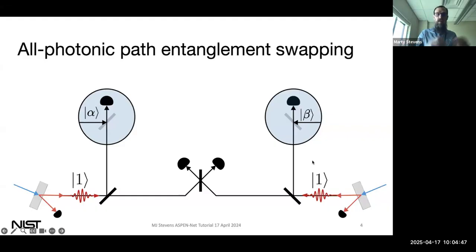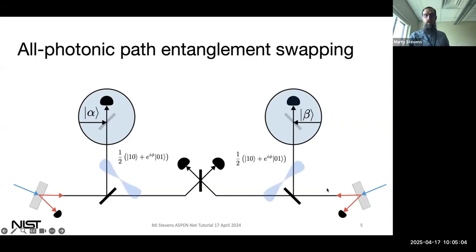So the idea for this all photonic path entanglement swapping scheme is essentially to have two of these sources. There's one heralded single photon over here, one heralded single photon over here, and these would generally be in remote locations. Each of those photons goes off a beam splitter and then is in a path entangled state.